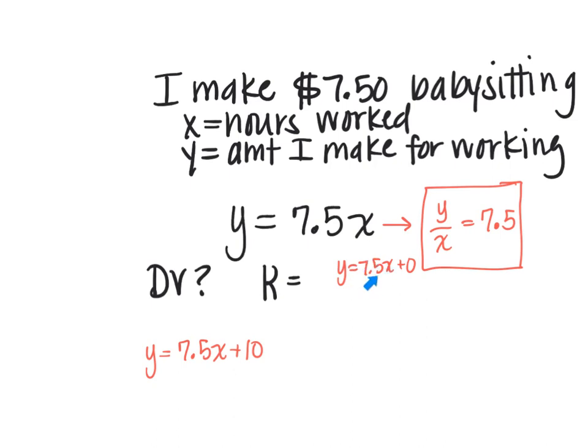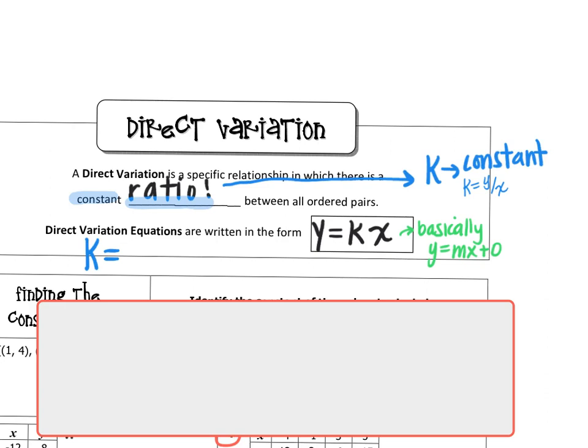Hence, this consistent ratio. Easy to check by saying, is Y over X equal to a consistent number? Yes, it is. So just to refresh your memory, a ratio is a fraction. So that means that constant is the number that represents the fraction Y over X.